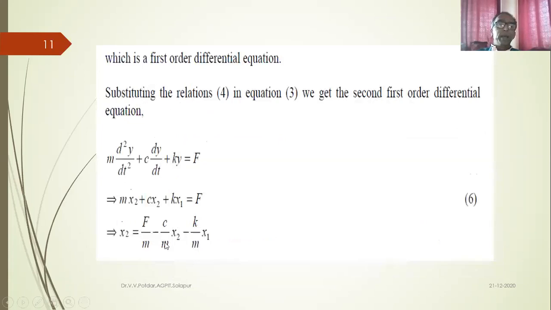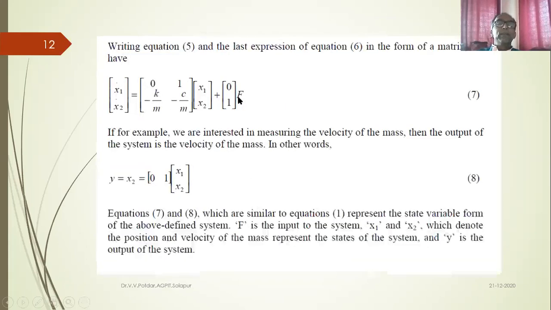And f by m, here it should be 1 by m. Correction, 1 by m into f. So this will be my matrix converted equations.